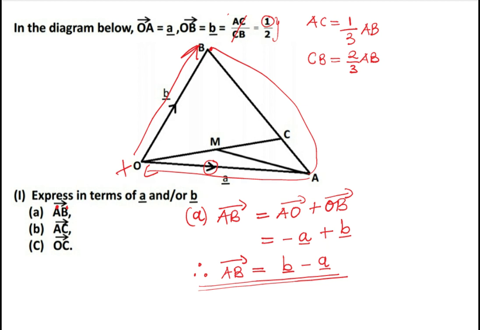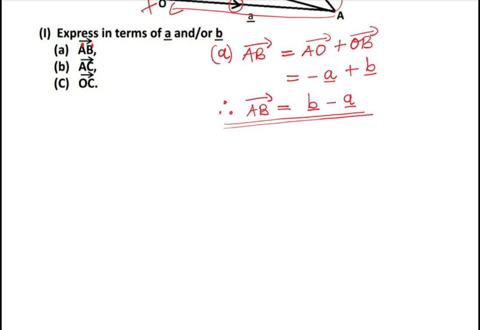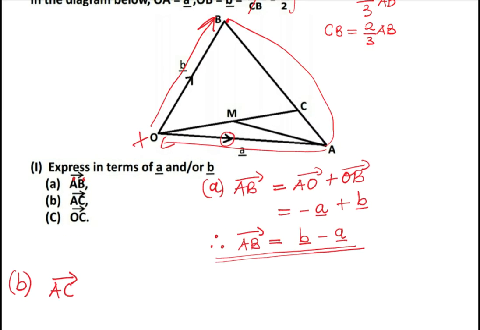Now we move to AC. AC means starting from A, ending at C. Two steps we can take are AO and OC, or AM and MC. But we don't have AM and MC, and we don't have OC, though AO we have.